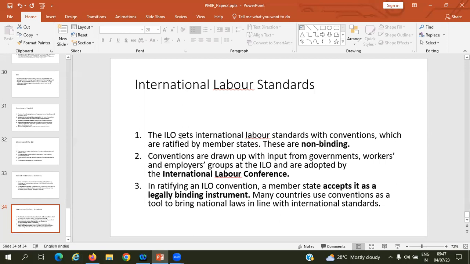In ratifying an ILO convention, a member state accepts it as a legally binding instrument. Many countries use conventions as a tool to bring national laws in line with the international standard.